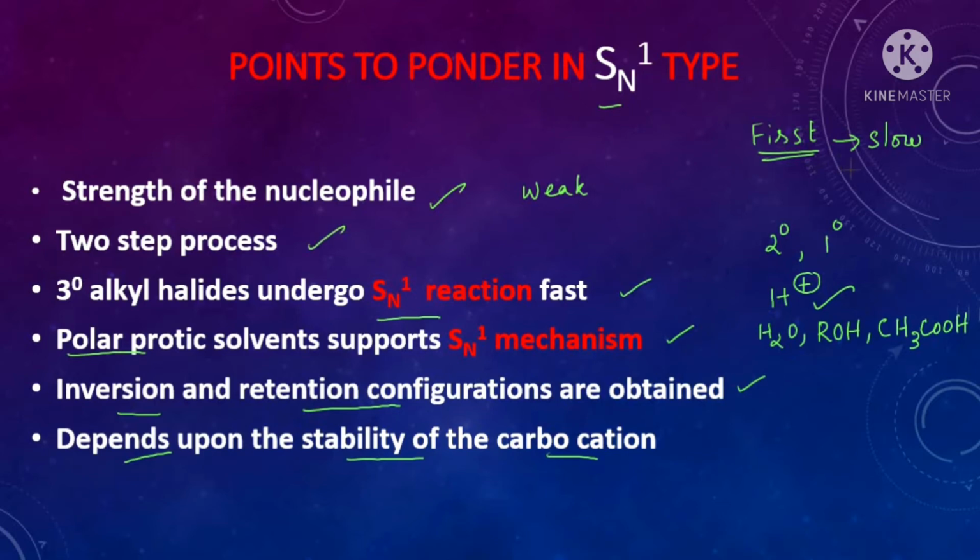In the first step, there will be formation of an intermediate product, and this intermediate will be a carbocation. That is a carbon which has a positive charge. Cation means an ion which possesses a positive charge.